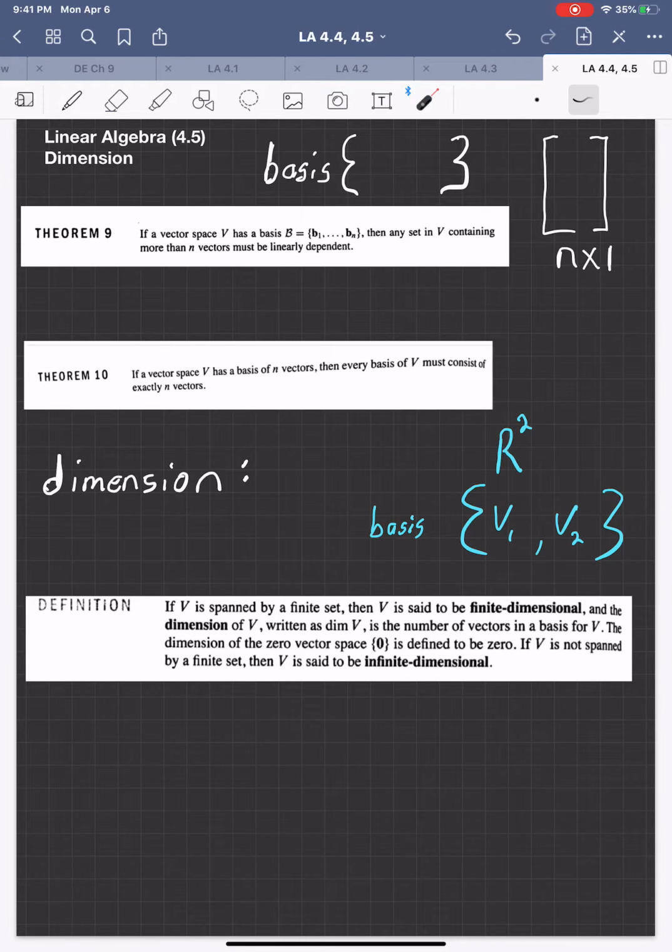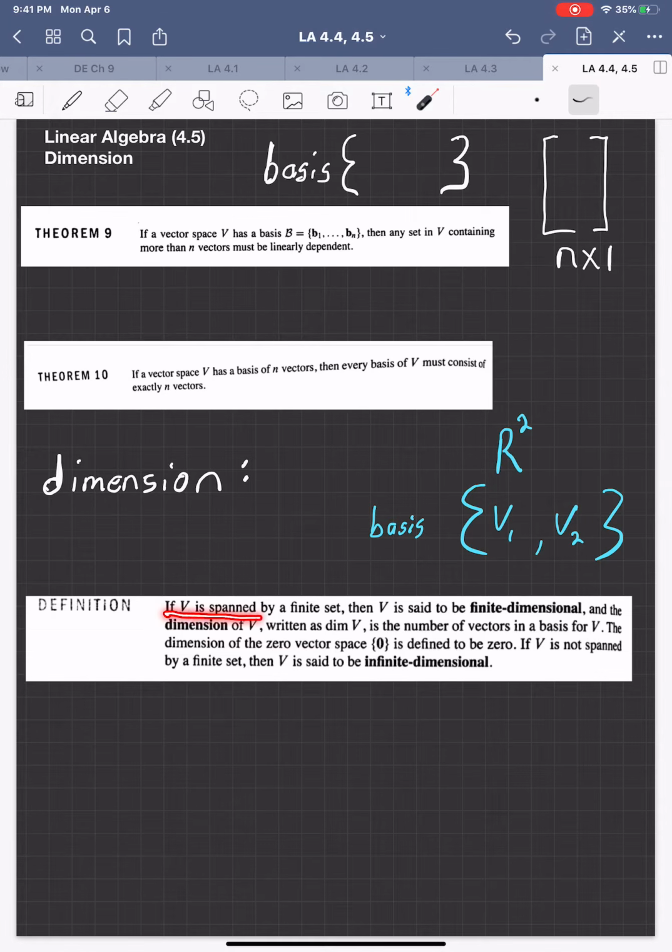So let me read, and then I'll see if I can give you in other words. Now we say if the vector space V is spanned by a finite set, meaning the number of elements in the set is finite, it's not infinite. So this had 2 elements, so that's a finite set.